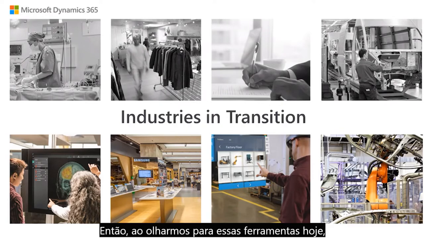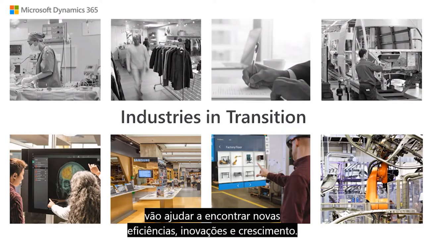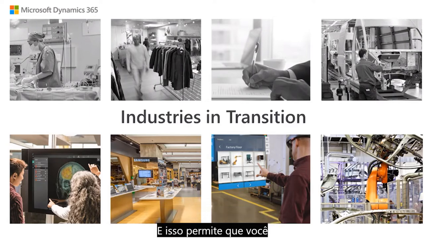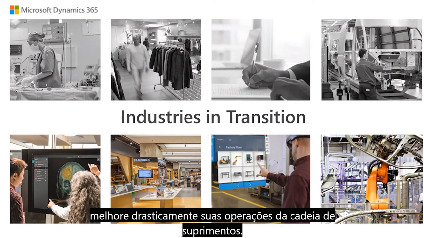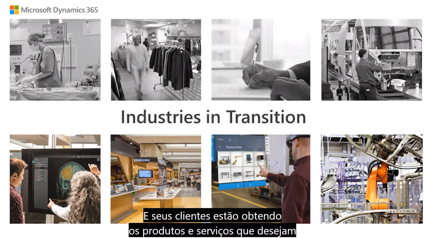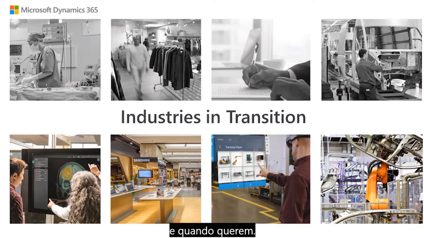So as we look at these tools today, the big thing that I want you to know is that centralized data with infused artificial intelligence is going to help you find new efficiencies, innovations, and growth. And this allows you to improve your supply chain operations dramatically. And your customers are getting the products and services they want and when they want them.